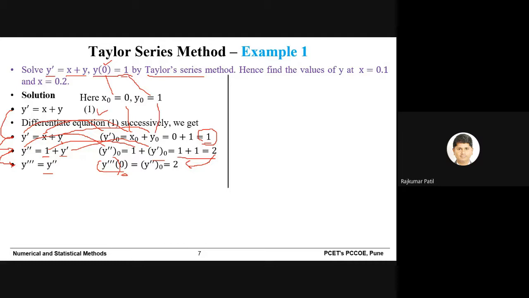So here you can observe that y double dash and y triple dash are the same. Then even if you take higher derivatives, you will get the same value for higher derivatives as well.